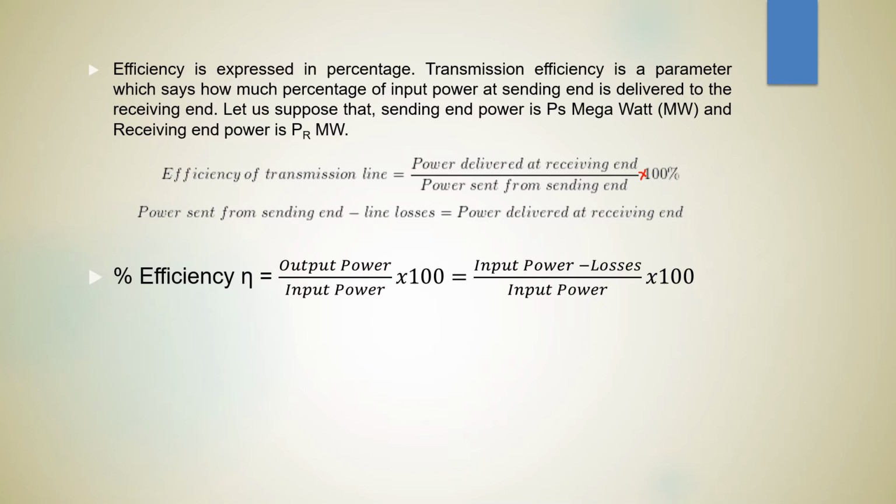Now what is meant by losses? Losses means we are only thinking about the resistive losses, that is because of the resistance of the transmission line, and resistance is because of the material we are using. So output can be expressed as input power minus losses, and hence the efficiency is expressed as input power minus losses upon input power multiplied by 100.